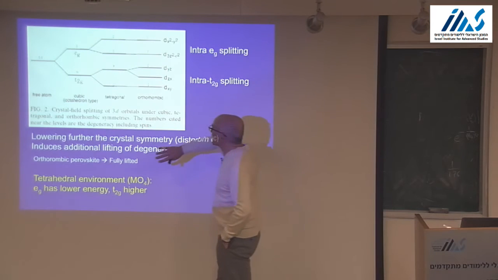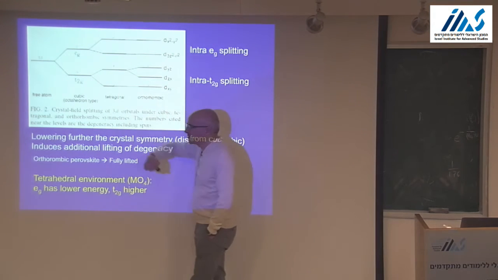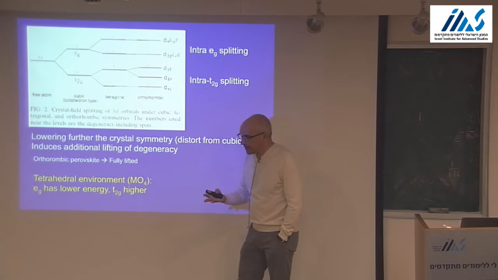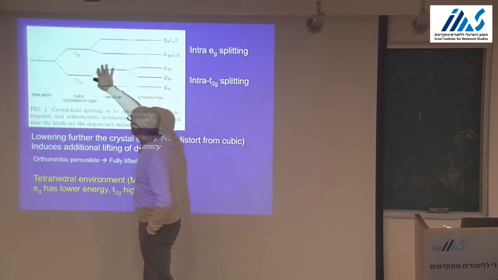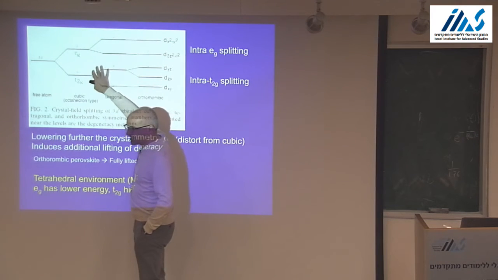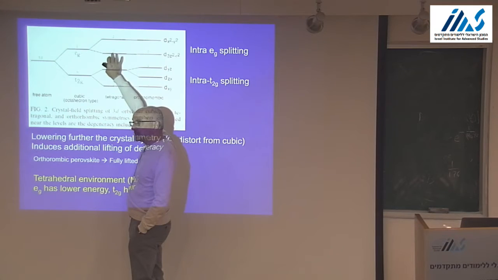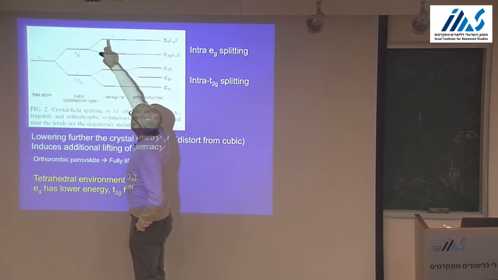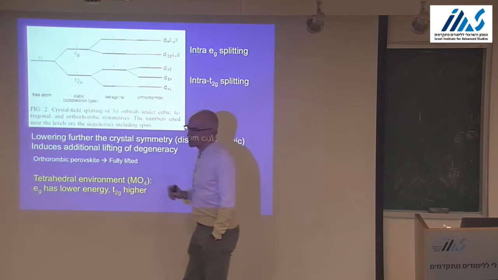So let's focus on that. So copper in the parent compound of cuprates is d9, has 9 electrons. And so you can happily put 6 electrons in these guys, okay? You can happily put 2 electrons in this guy. And then you are left with this guy here, which has only 1 electron.